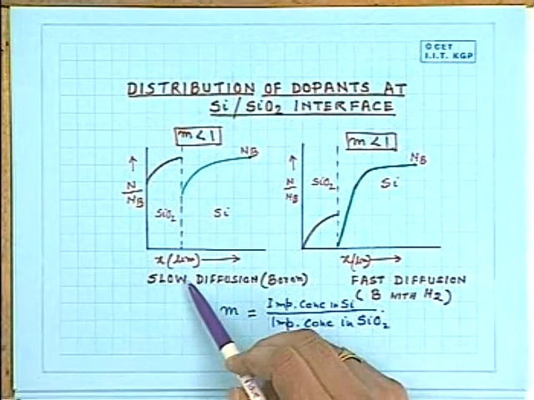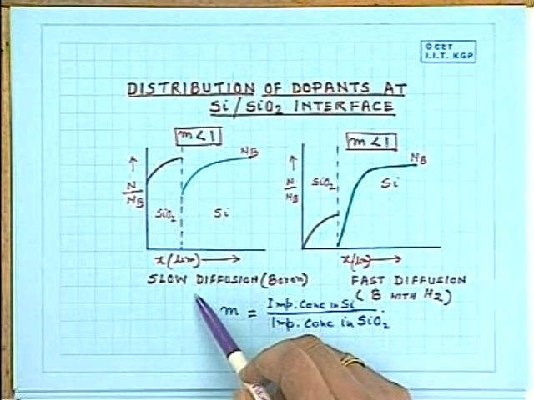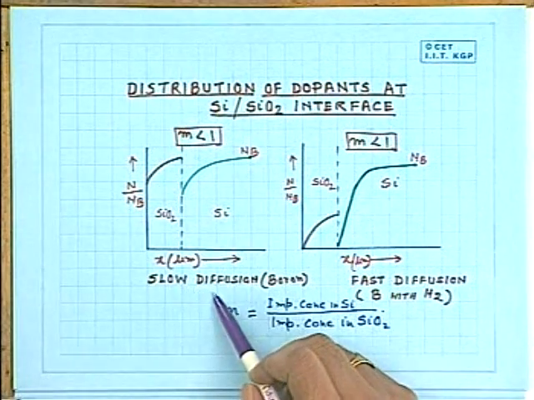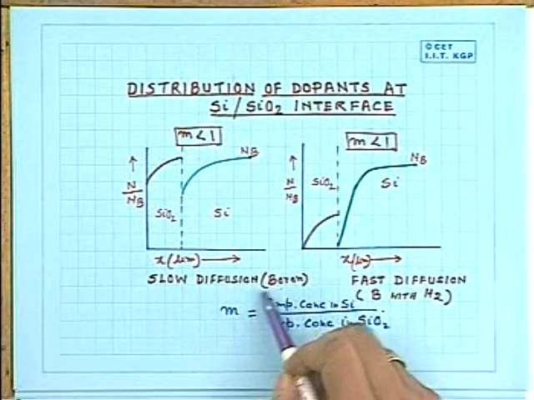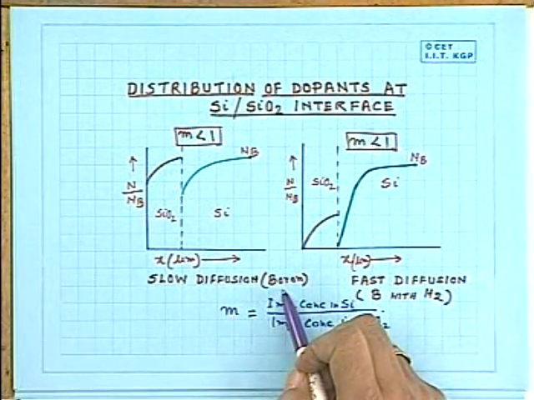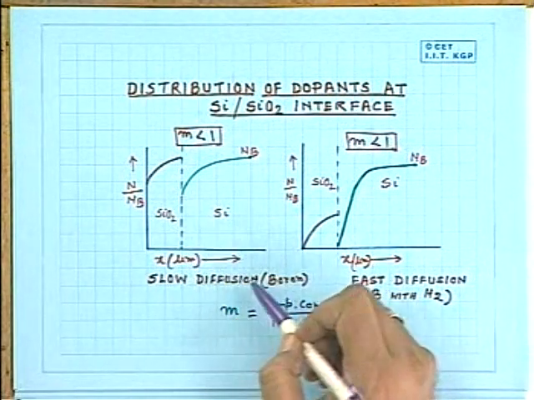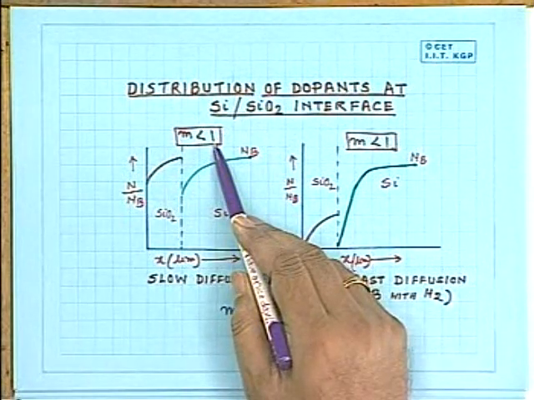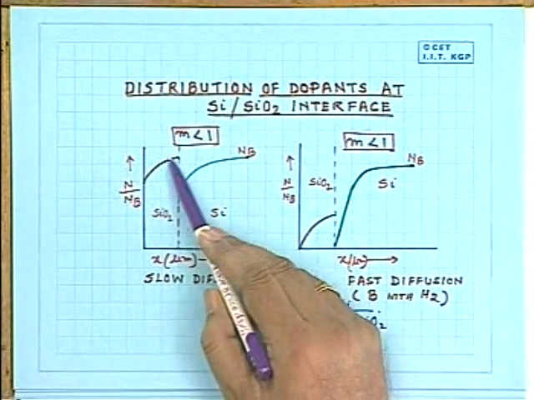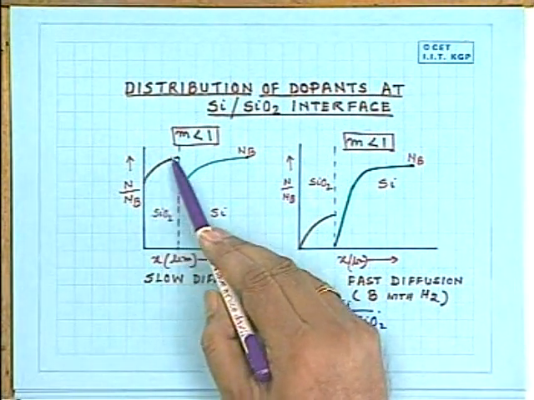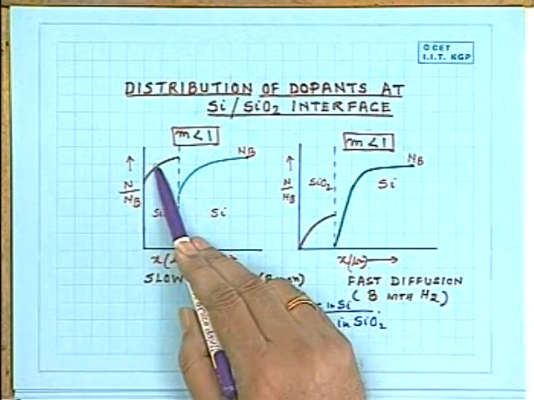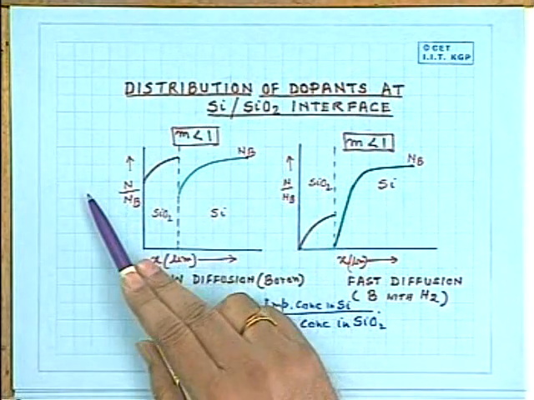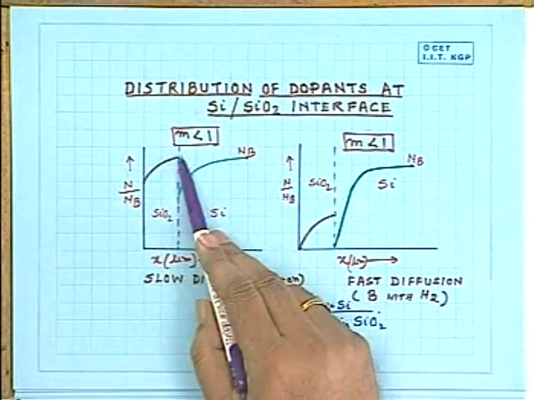If the diffusivity of the dopant is slow, then it is known as slow diffusion. Here the example is boron. So in case of boron, it is a slow diffusion and M is less than 1. Slow means the evaporation of dopant atoms from the silicon dioxide surface to the ambient is very slow.